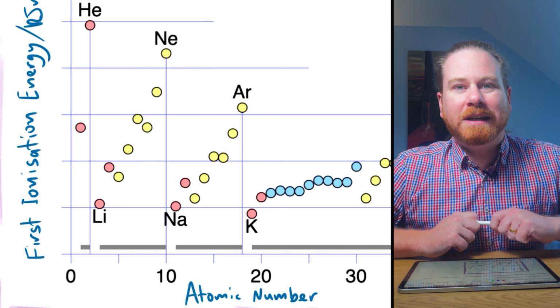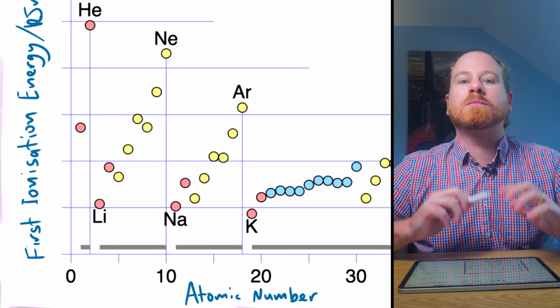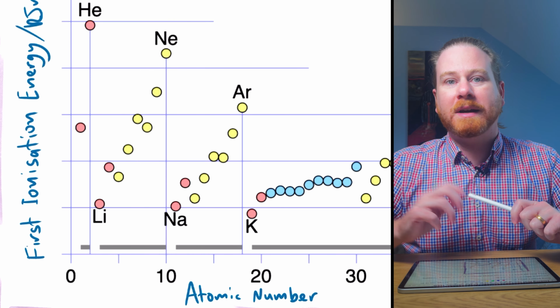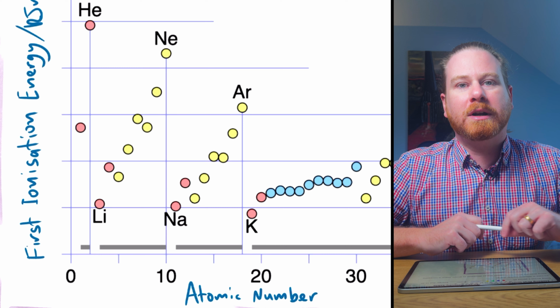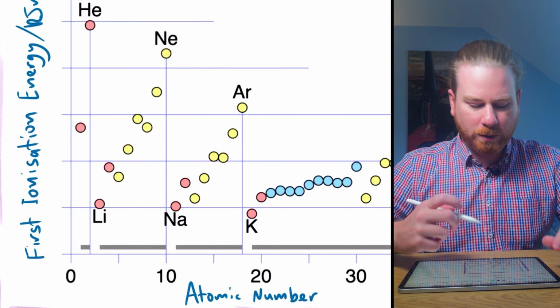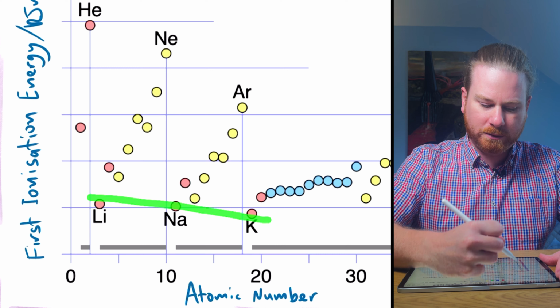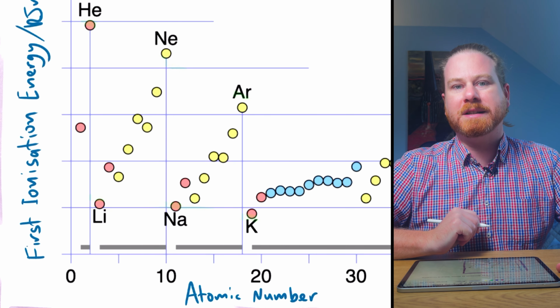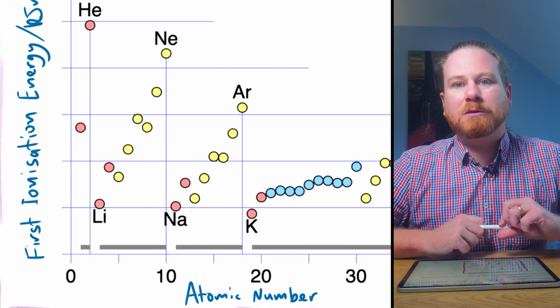As the valence electron is further away from the nucleus, it has less effect, so the positive power of the nucleus can't hold on to the outer shell electron as well. This is why we're getting this decrease as we're going down group 1 and then down group 18. Again, click on the link to find out more.